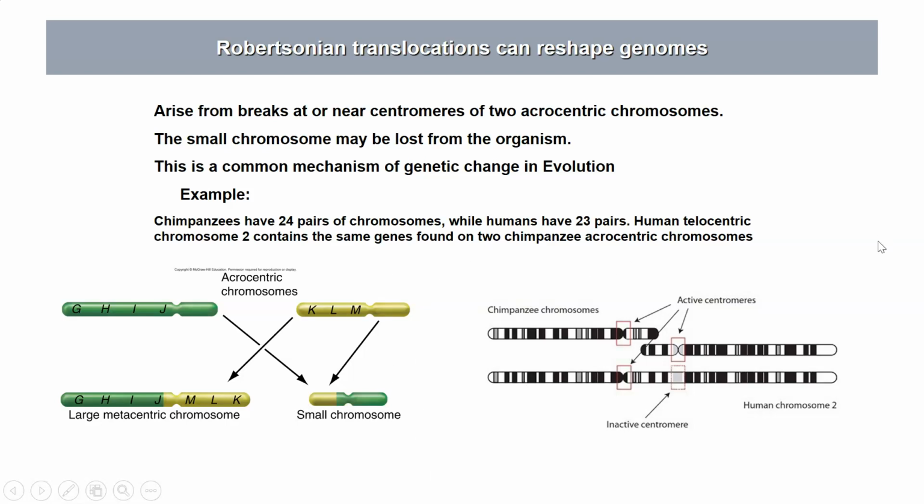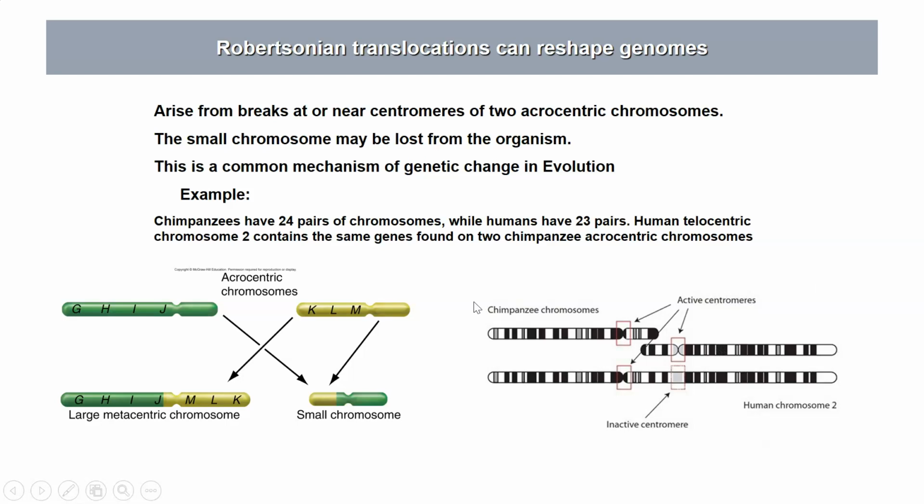and it is important in evolution. One example of that is if you look at the difference in chromosomes between the chimpanzees and humans, the main difference is this. Chimpanzees have 24 pairs of chromosomes, while humans have 23 pairs, one less pair.